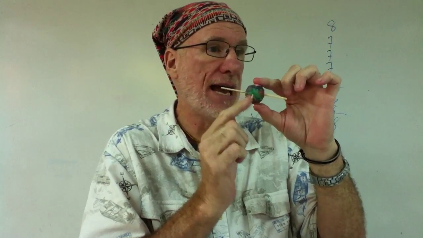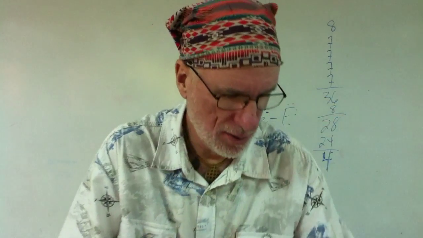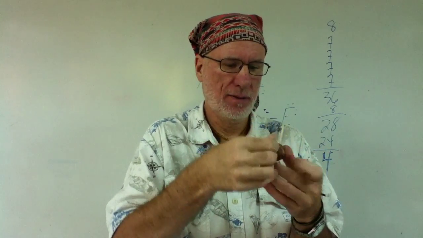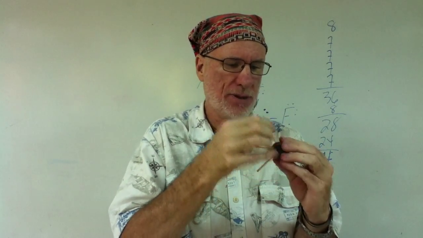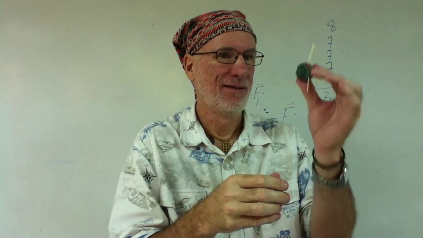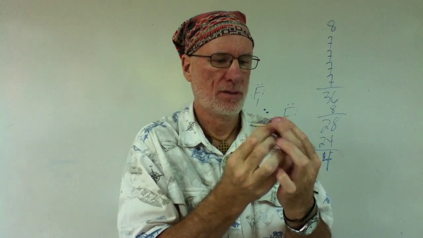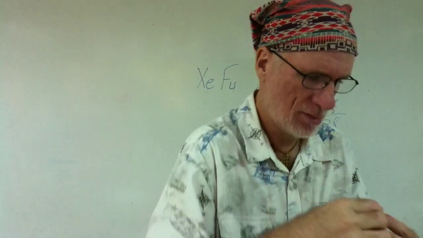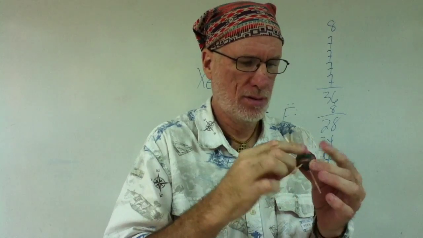These non-bonded pairs are keeping these 90-degree angles, aren't they? Because if I took these away, what would happen? What geometry would I get? I would get tetrahedral, 109.5 degrees, versus 90.